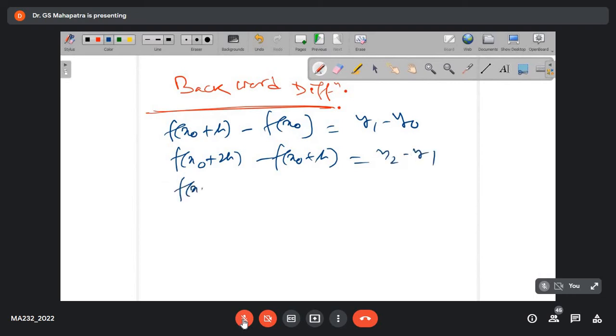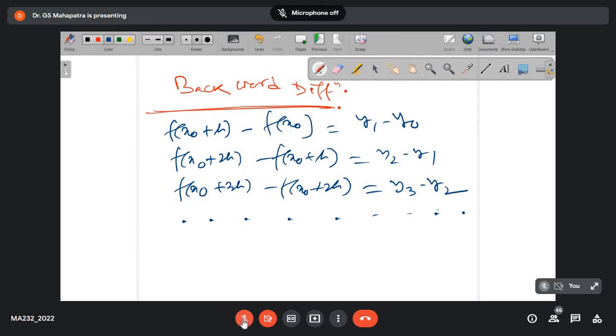Next is f of x0 plus 3h minus f of x0 plus twice h, so y3 minus y2 and so on. These differences are called first order backward differences of y equals f of x. Both are the same, only the notation will change, and later I will discuss the difference. Now just wait 1 minute. So y1 minus y0 and so on.